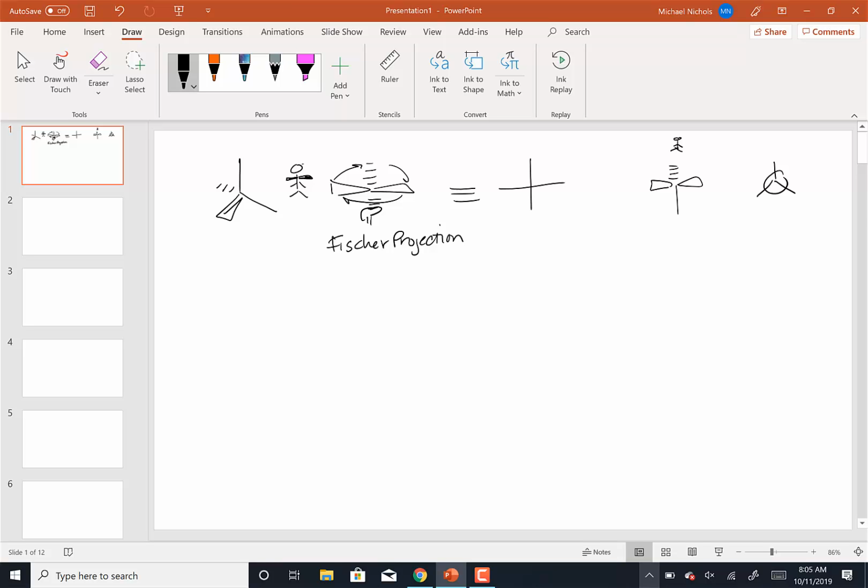Or if you don't like that, you could grab the top dashed wedge and you could rotate the bottom three around. So the Fischer projection is very, very similar to a Newman projection, just a different perspective.